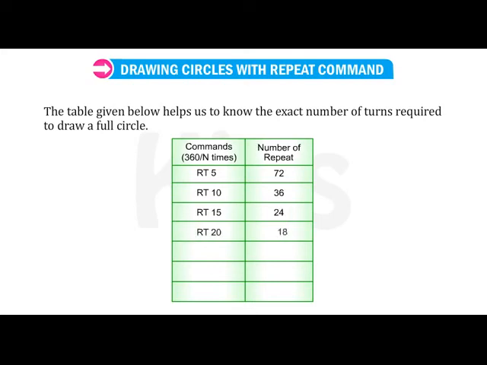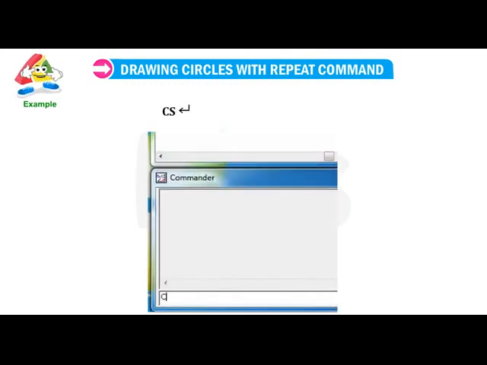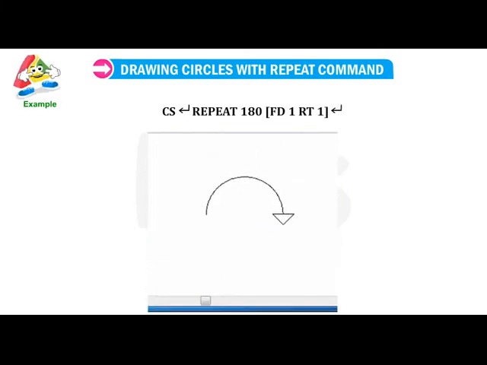RT20, 18. RT30, 12. RT40, 9. RT60, 6. For example, to draw a semicircle, type the following command: CS enter. Repeat 180 bracket open FD1 RT1 bracket close, enter.